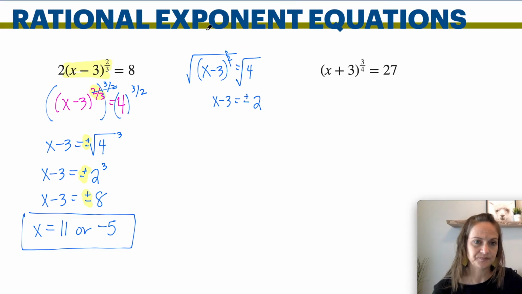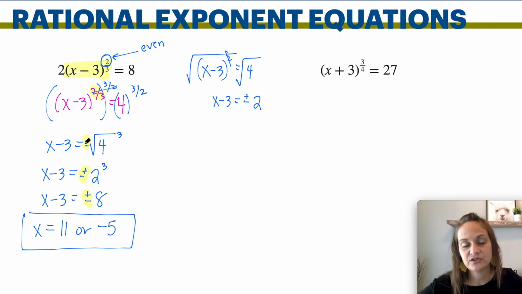So basically, here's the deal. If you have a numerator that is even, you will have to do a plus or minus whenever you take the reciprocal. Because when you take the reciprocal, the even number becomes the root.